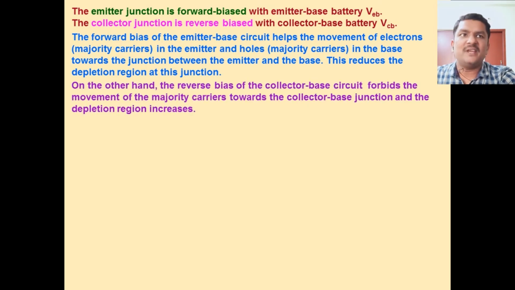On the other hand, the reverse bias of the collector-base circuit forbids the movement of majority carriers towards the collector-base junction, and the depletion layer increases because the base-collector junction is in reverse bias condition.